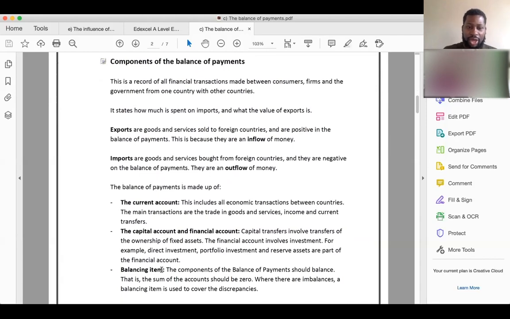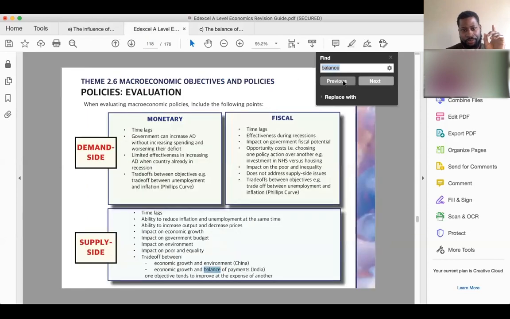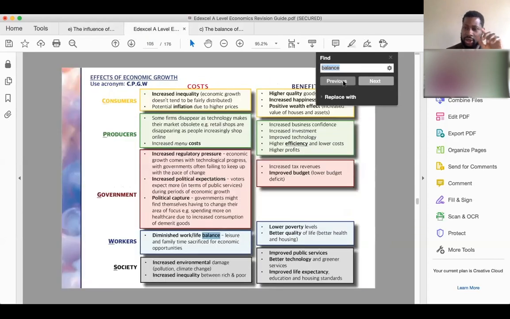The balance of payments has three aspects to it, and we're going to cover all three. So it's almost like having three mini statements within this bigger report.